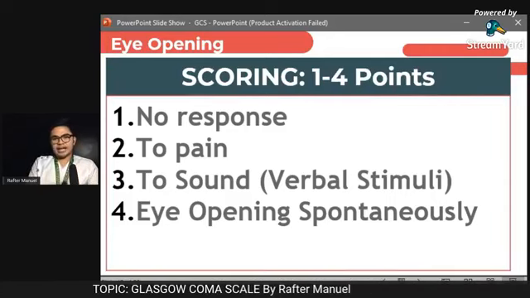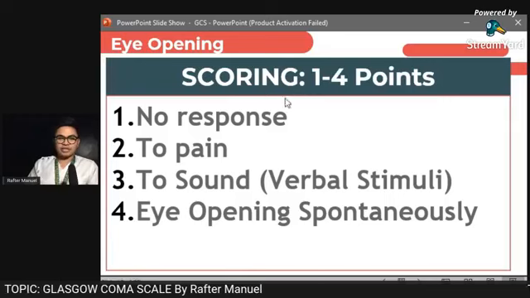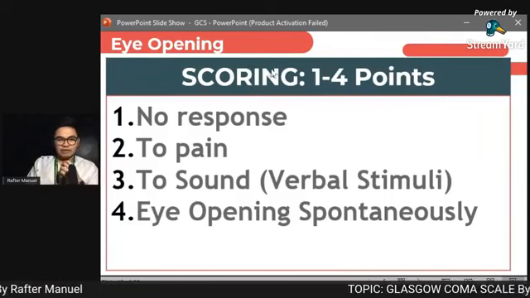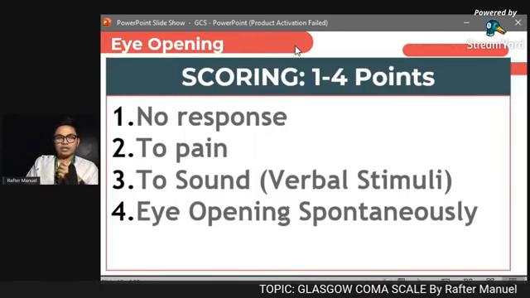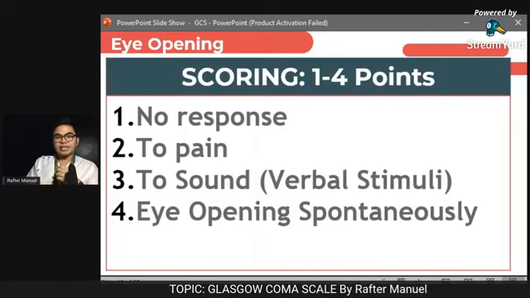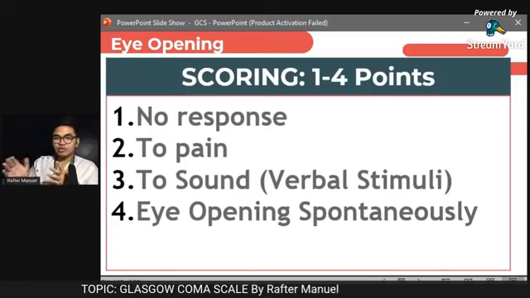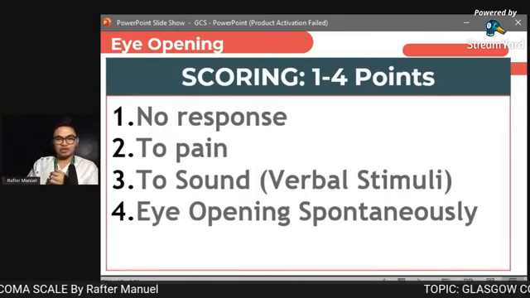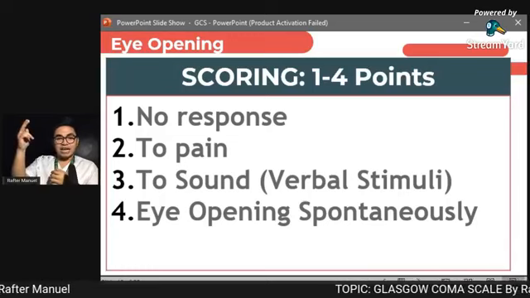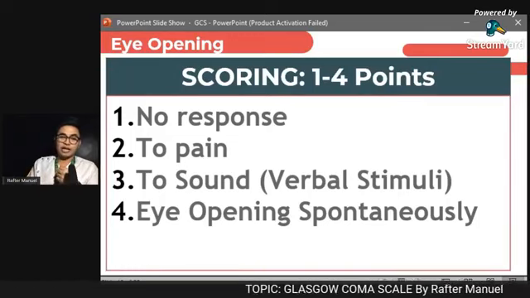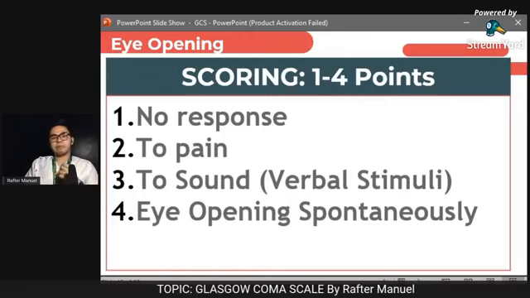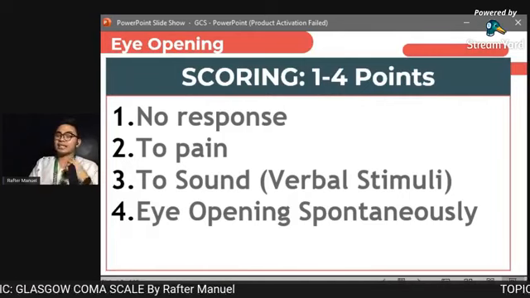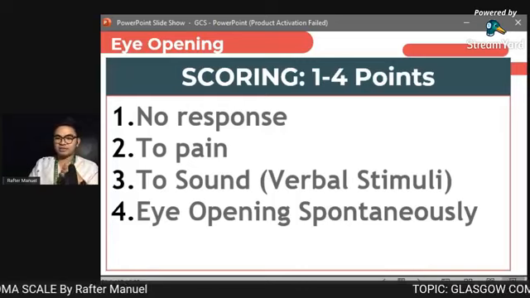Now, as we take a look at the scores here in the eye-opening category, hopefully you can kind of see that we work our way down the scale, down the score. Your patient is having less and less neurologic response, especially from the higher level down to the lower level. So if we think about the patient's spontaneous eye opening, that's obviously going to be that very high cortex processing.